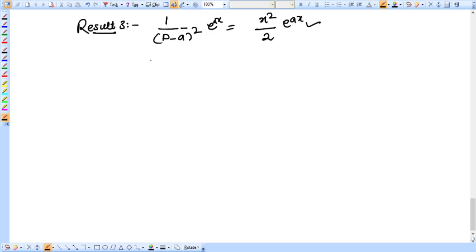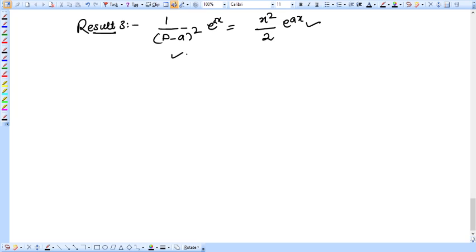It is also very similar to result number 2. So I want you to do it by yourself. If you won't be able to do this, you just cross check the book and you will come to know how to solve this. So these were some results on the inverse operator.